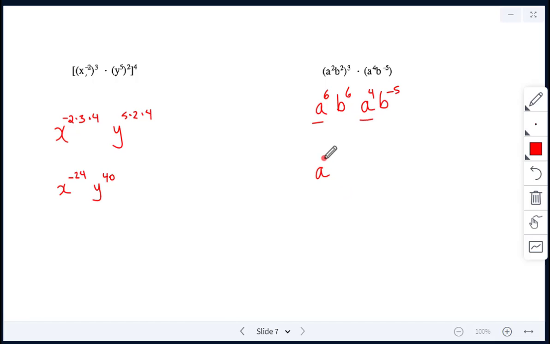So this becomes a to the power of 6 plus 4, and then for b, it's 6 plus negative 5. All right, so that would become a to the power of 10, and b to the power of 1, or we can just leave it as b.